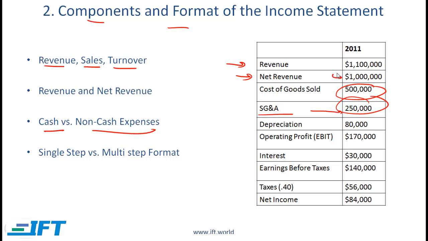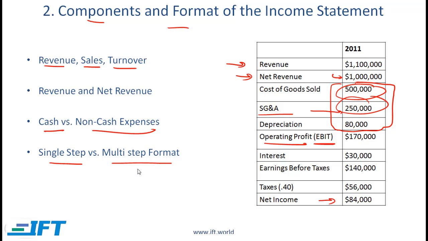We subtract these expenses, which are generally called operating expenses, and we are left with operating profit. This is also referred to as EBIT, or earnings before interest and taxes. Then we subtract interest and we have earnings before taxes, subtract taxes, and we end up with net income. This is a really simple income statement.